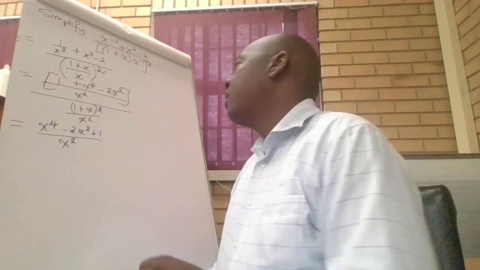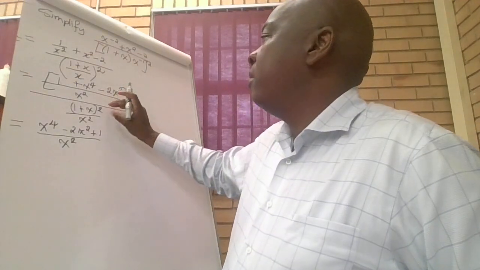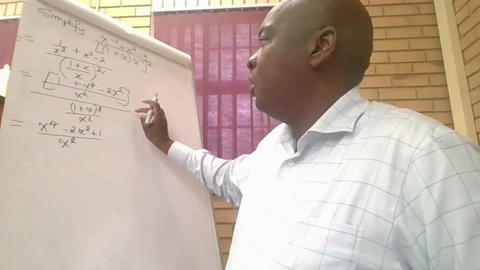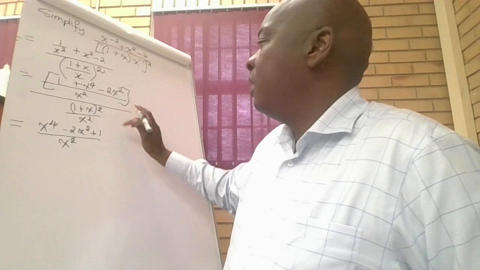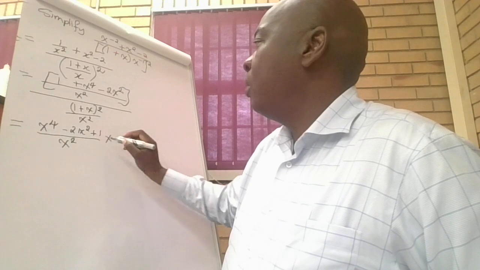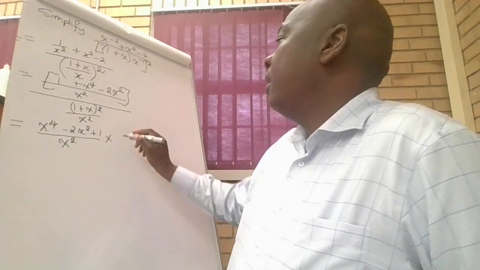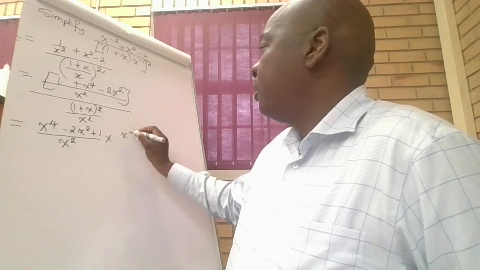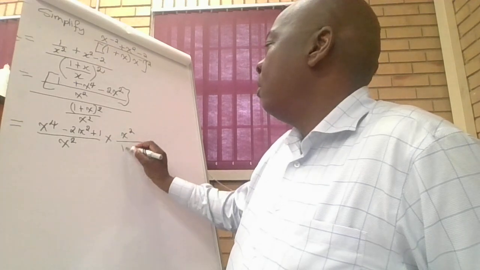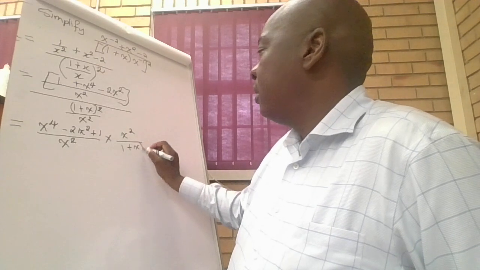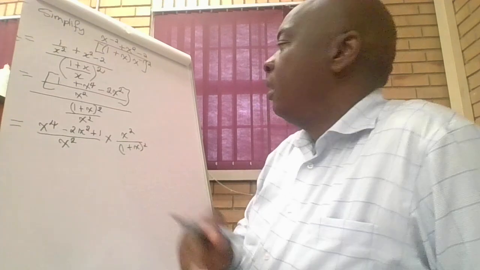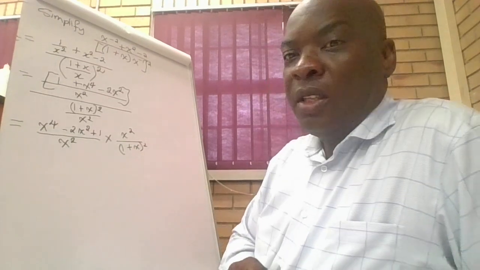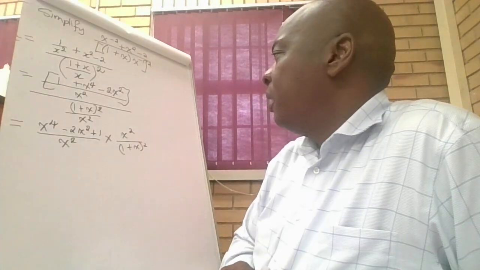And you can see that it's the numerator divided by this denominator. So if I change this division line to multiplication, I could have this as x squared over 1 plus x and all that squared as well. So that's changing the division to multiplication.